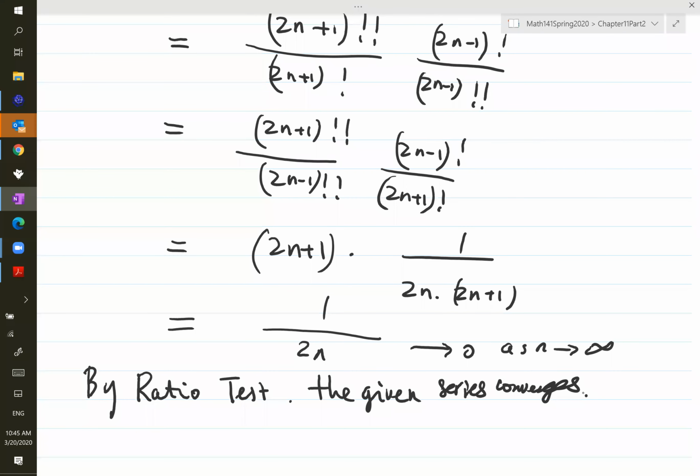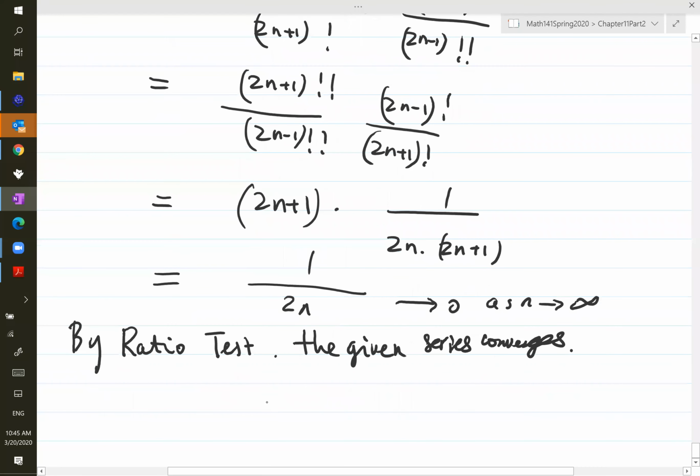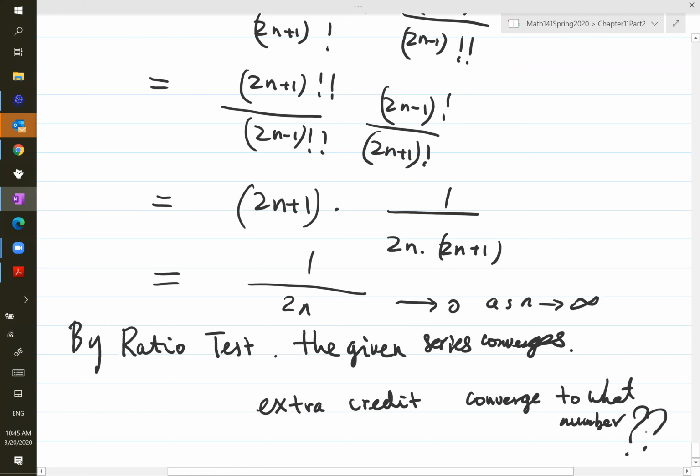If you can work out the closed form of this series, what number it converges to, then I can give you some extra credit. Any questions?